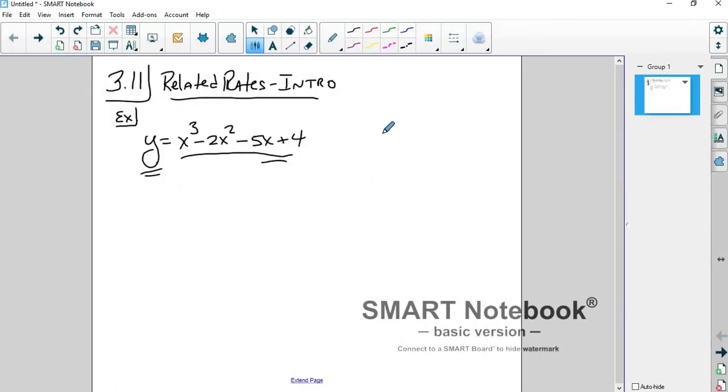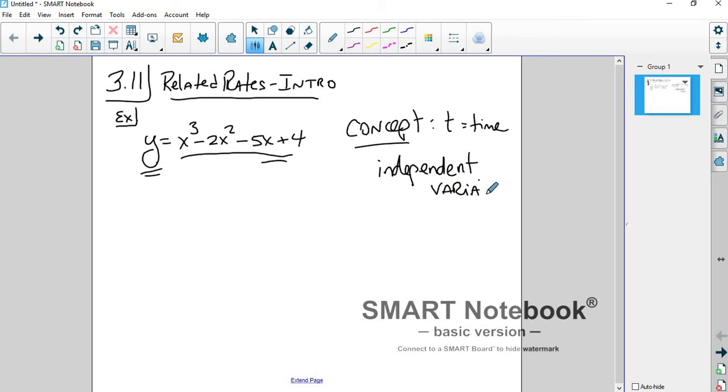So basically here's the concept: t, which stands for time, is the independent variable. It's what's changing and making everything else change. So x depends on t and y depends on t.